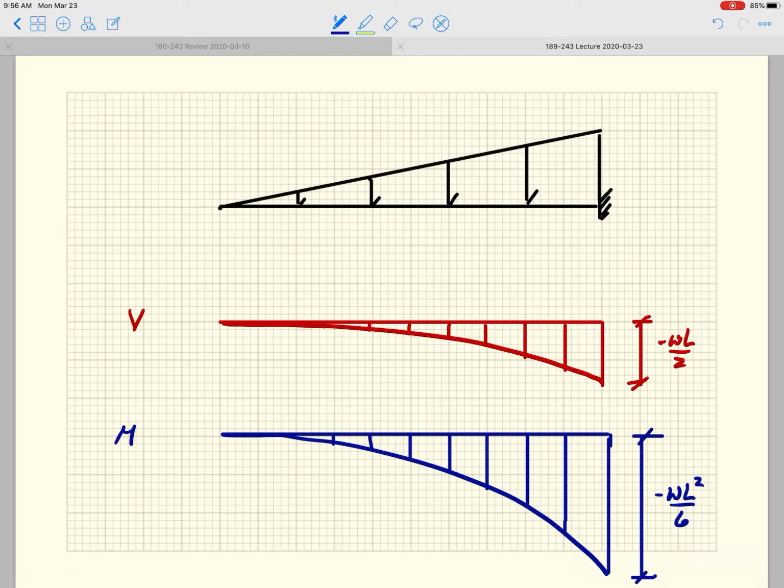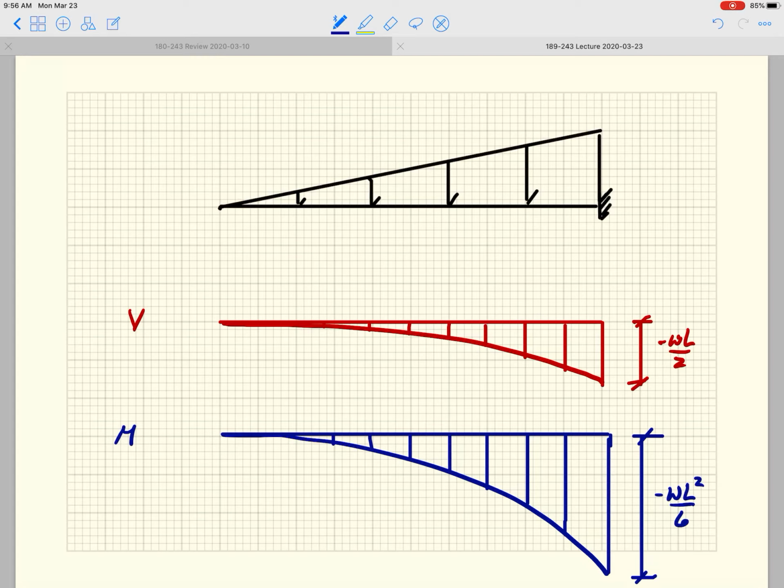So we've got our applied load here, linearly varying, right? So that's sort of a single, we'll call it, first order. Then the shear becomes second order, and then the moment becomes third order.